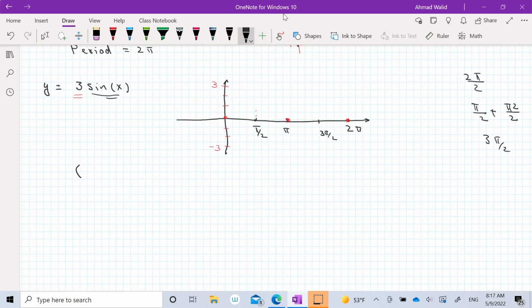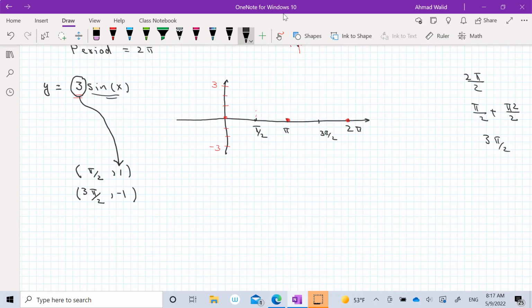Okay, let me show you the key points, how it goes. What were the real key points? You had pi over 2 and 1, correct? And you had 3 pi over 2 and -1. Look how these key points are changing. What you do is multiply your output with your amplitude.